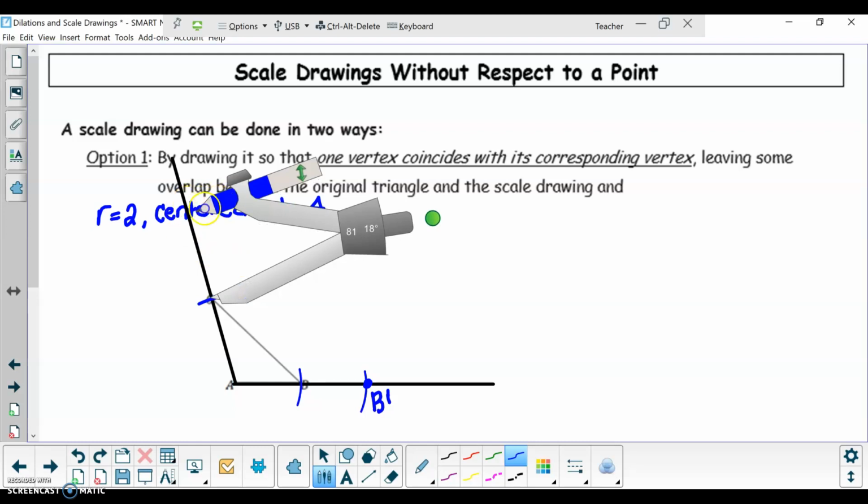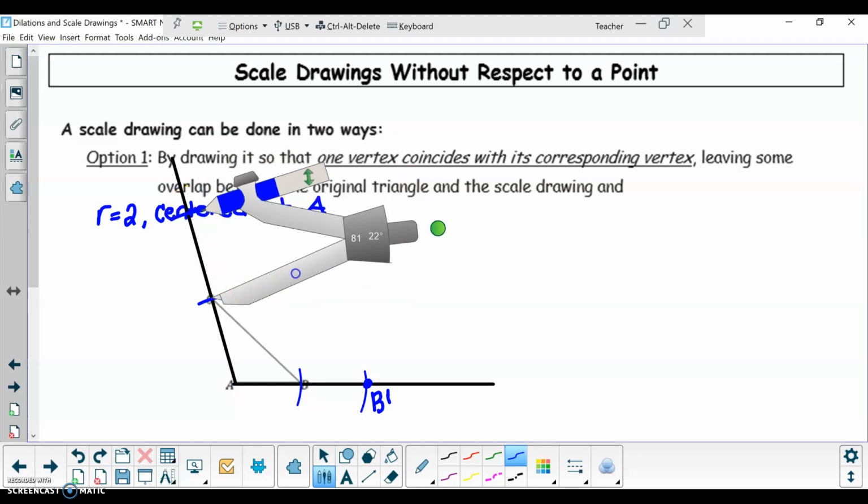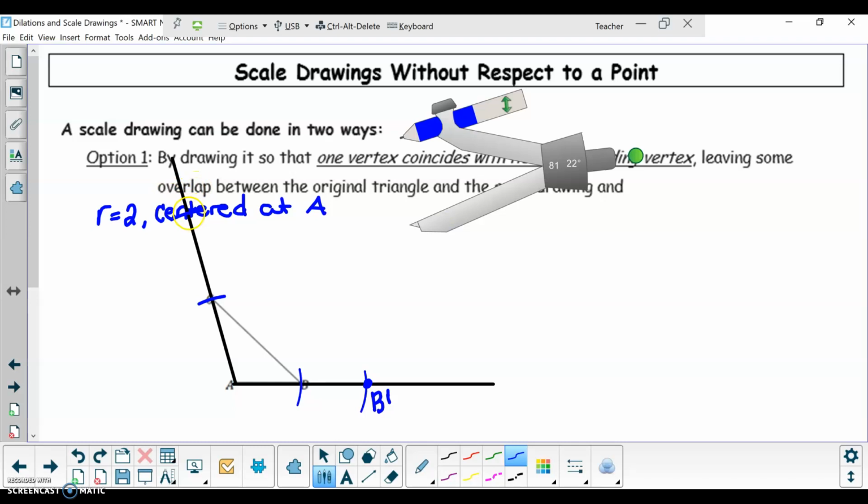Then I move up to that point, so that's a scale factor of 2. This right here is C prime. Now I take my straight edge and connect B prime to C prime. So now I have a triangle that's twice the size of the original.